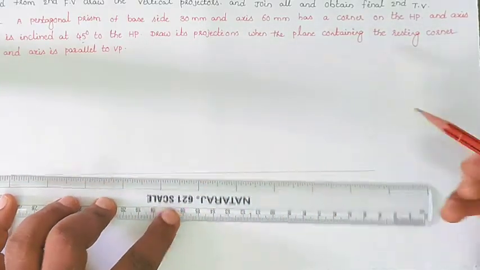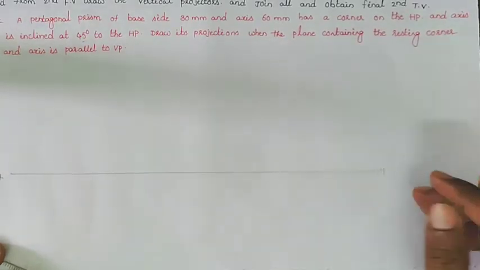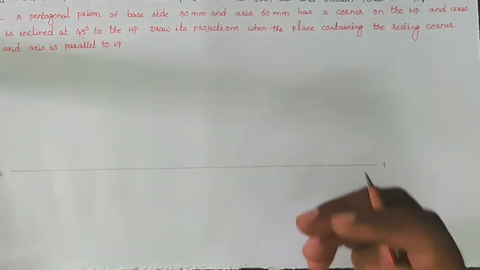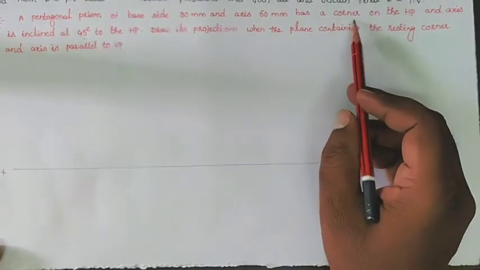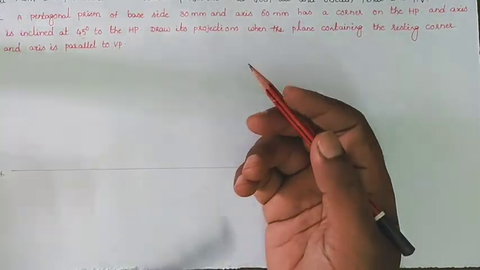For that I am drawing the reference line first of all. After drawing the reference line we will draw the front view. How will we draw the front view of our diagram? First, the top view of our diagram. They are giving the corner and the pentagonal prism, so draw the corner.